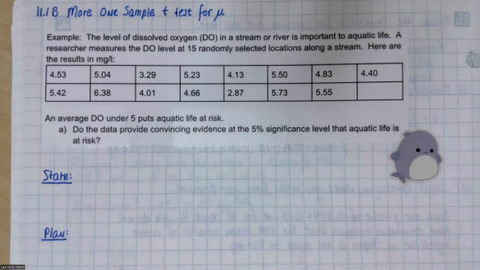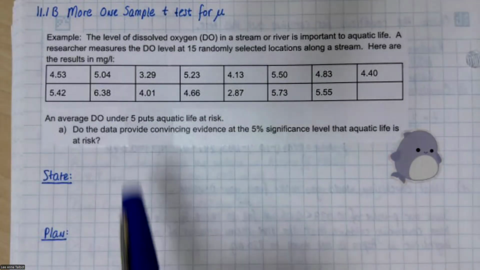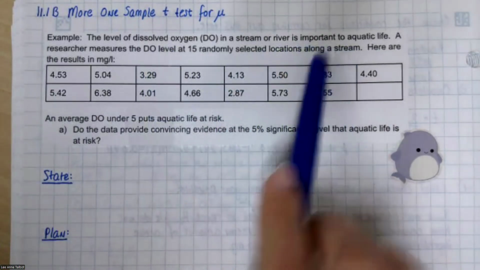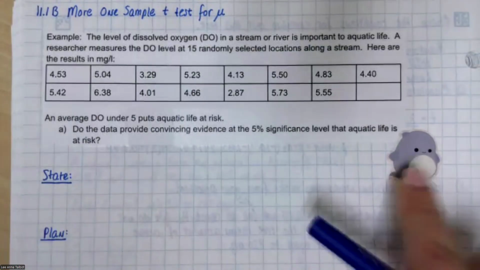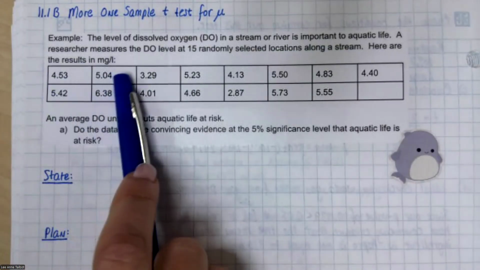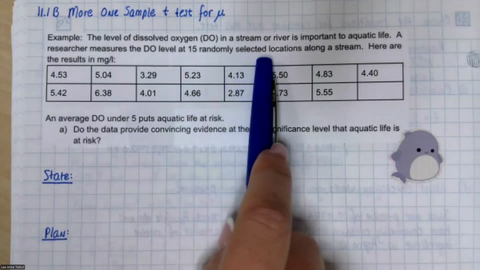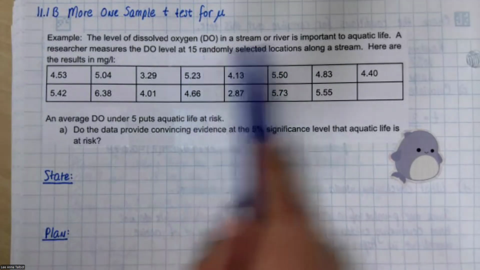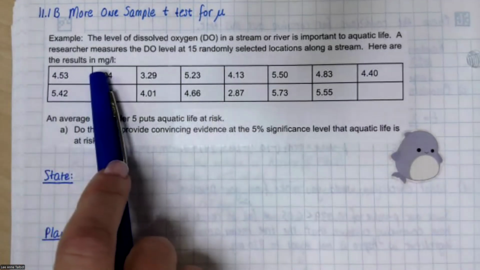Okay. Anyway, the level of dissolved oxygen, DO, in a stream or river is important to aquatic life. There he is, aquatic. A researcher measures the DO level at 15 randomly selected locations along a stream. Then I go, oh no, I got to do a graph. Here are the results in milligrams per liter.